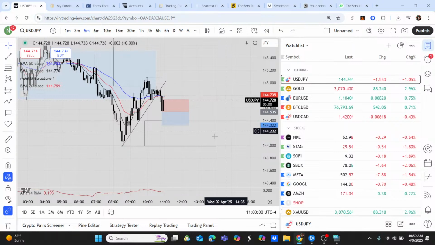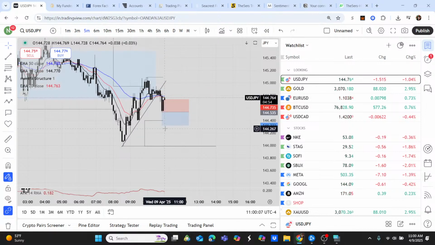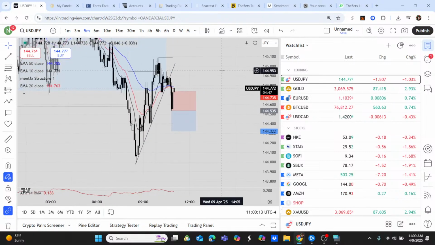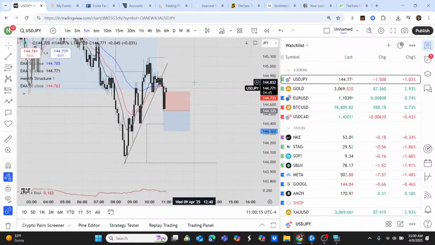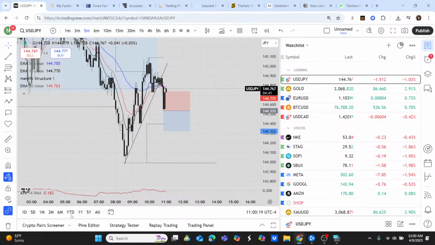All right, this candle closed. Now we're gonna see if we can start moving through. And then I just keep the stop loss the same based on the ETR right here.